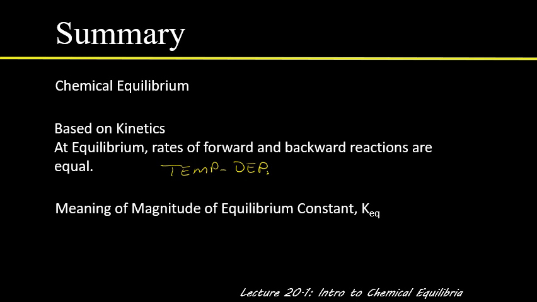If you see a reaction for which the equilibrium constant is 1.9 times 10 to the 26, you know that's a reaction for which the equilibrium lies very far to the right, and essentially everything will be converted to products. If you see one that's 10 to the negative 26, you know the equilibrium lies to the left, and very, very few of the reactant molecules will be converted to products. At equilibrium, the solution contains almost entirely reactants.